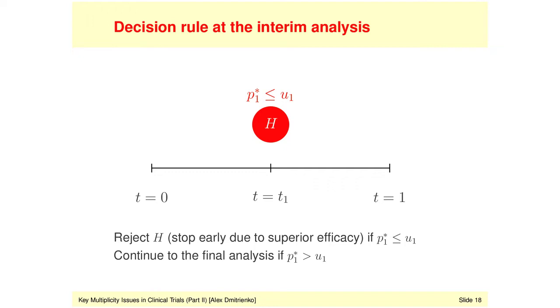This significance level can be derived from an appropriate alpha spending function, including the functions that we discussed in Module E in the context of group sequential designs. And of course, if this stage-wise p-value is greater than U1, then a decision will be made to continue to the final analysis.